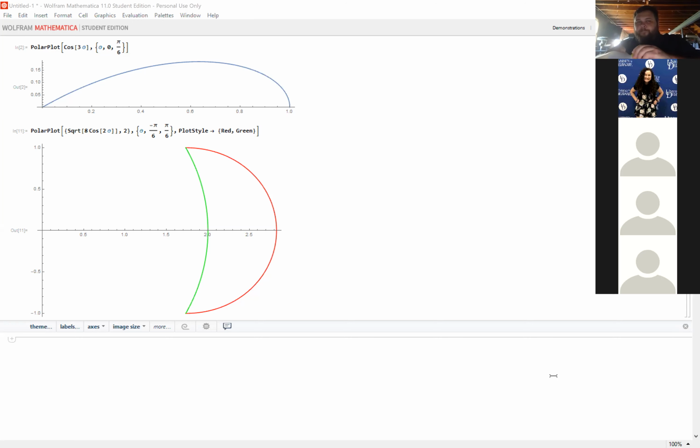Because I know the infinity sign is square root 8 cosine 2 theta, but what is the circle? It's just r equals 2. Remember in polar coordinates that circles are very, very easily represented, and it's just a number, right? Okay, I gotcha.